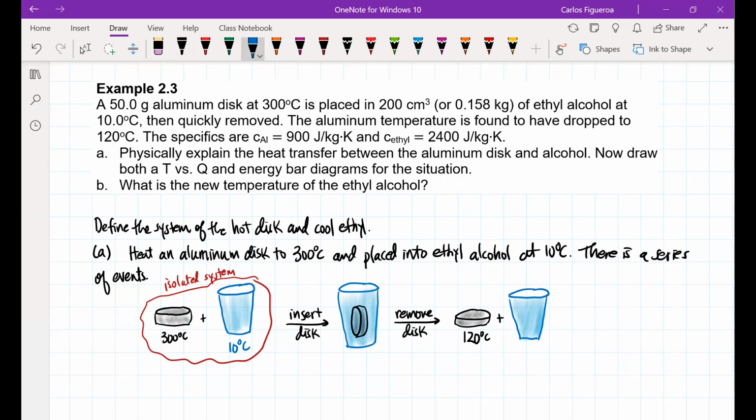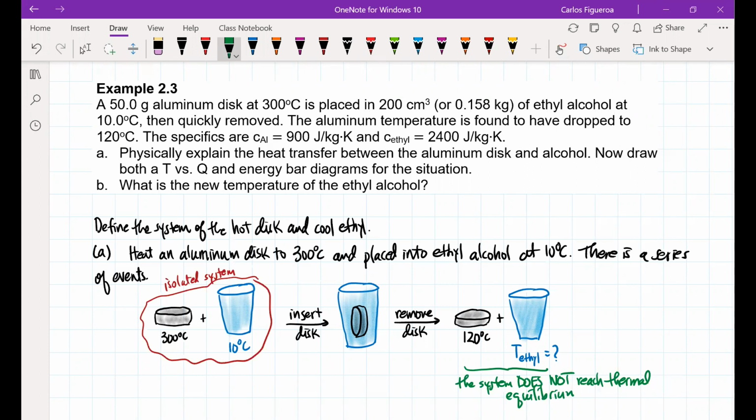So we're really asking this question. When I look at the temperature of the alcohol, what is it? Now, just to be really clear here, note that the system does not reach thermal equilibrium.